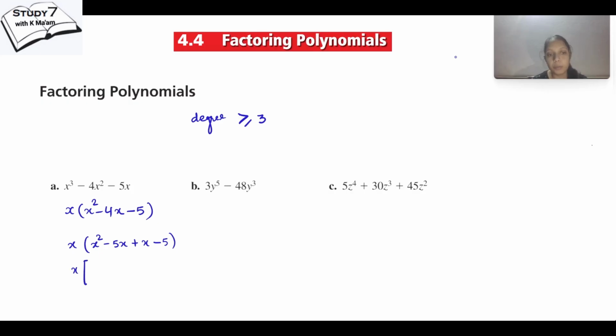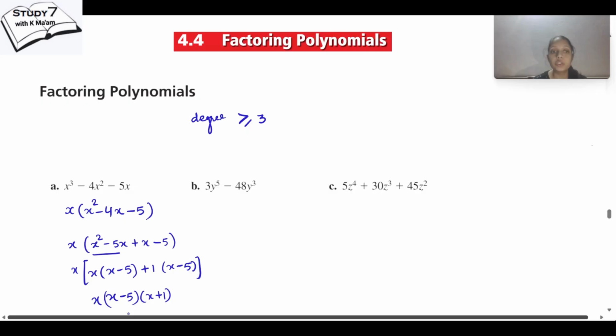Now you can make a grouping of the two terms. It's x minus 5 plus 1, x minus 5. X minus 5 is one factor, x plus 1 is another factor, and this x as it is. You cannot factor it more, so this polynomial is factored completely here.